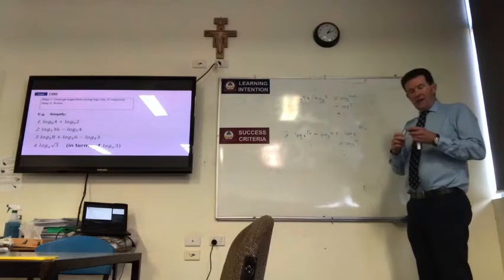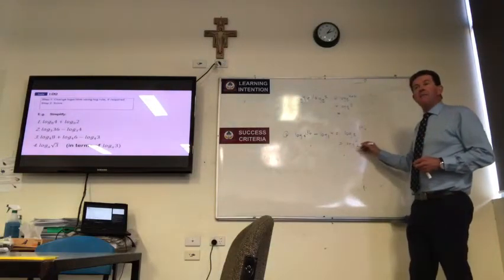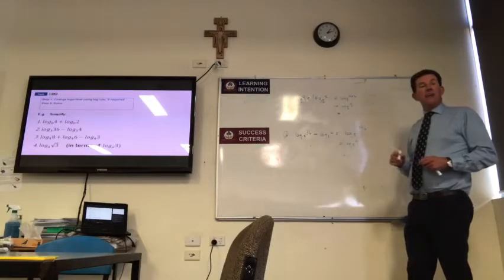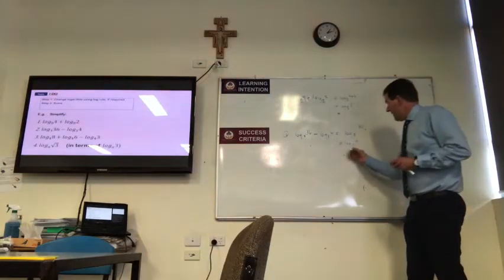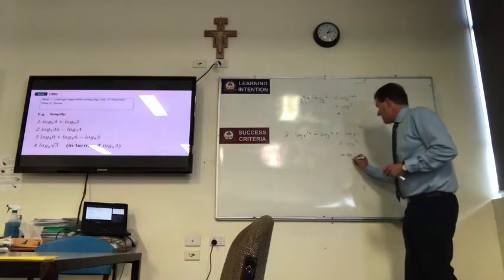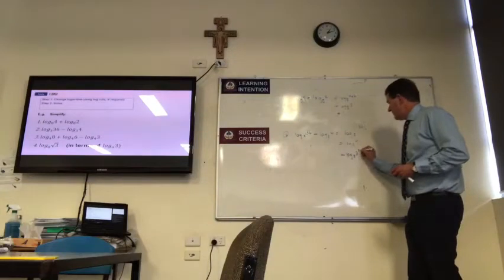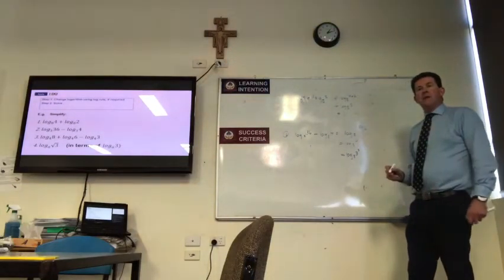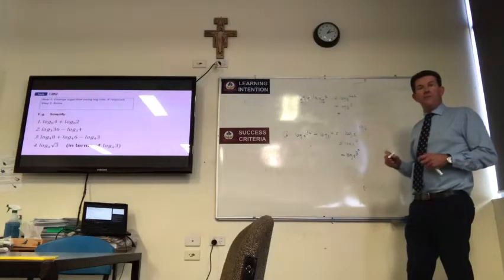All right. Now, with the base 3 and the 9, I can change that to a power. Any time you can change it to a power, that's what we do. So this will become log base 3 of 3 squared, since 9 is 3 squared. And now I introduce the power log rule.